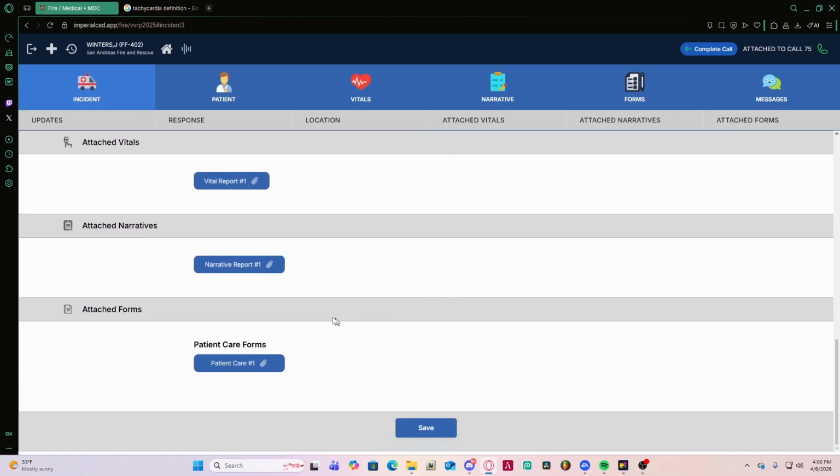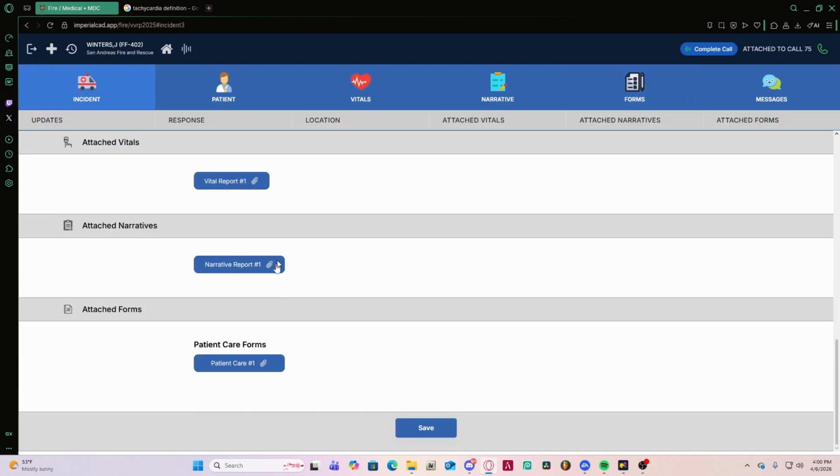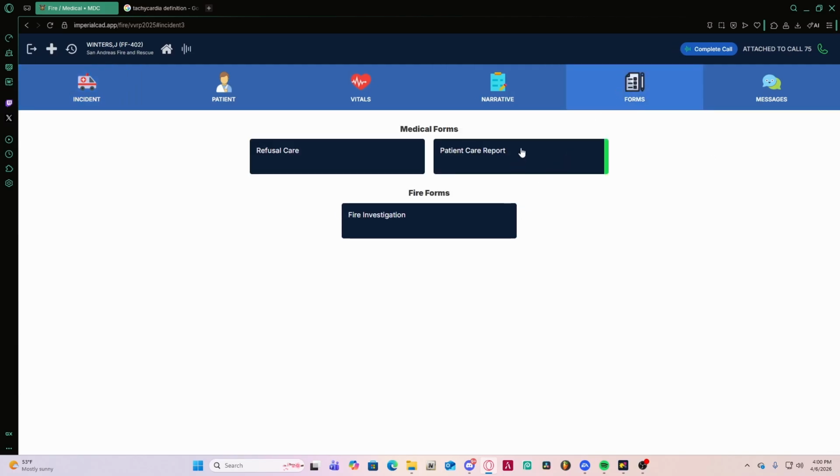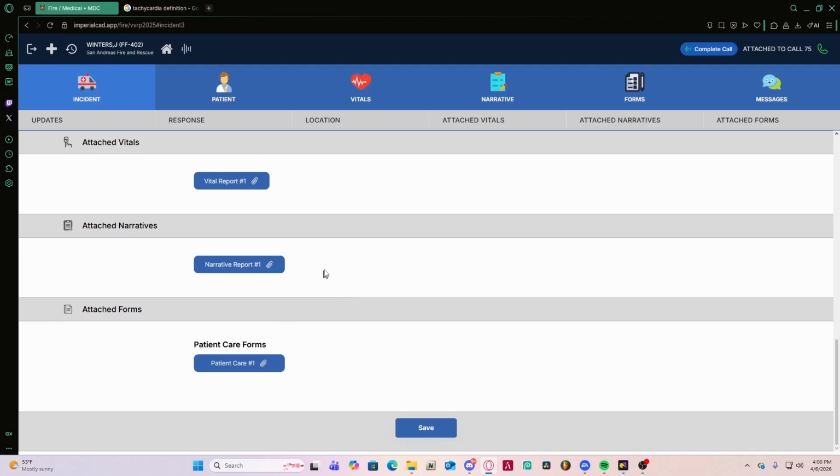Attached, all that information's done. Your PCR is right there, so it did attach it. And you can view it. So that's how you know that it's saved: you can go back over here and you can see it. I would like a little pop-up, but this works for now.